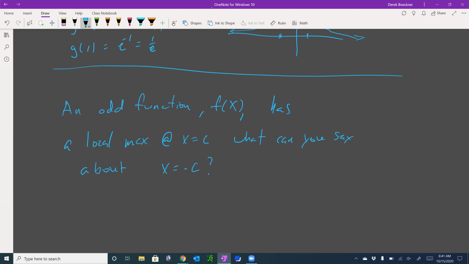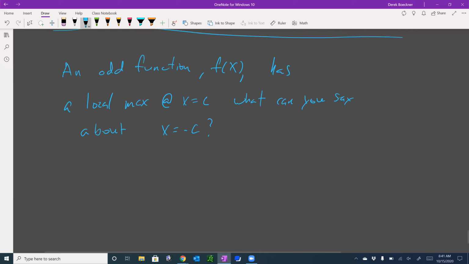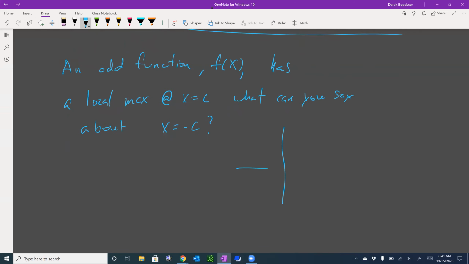What can you say about x equals -c? Yeah. Local minimum. Odd functions, remember, have origin symmetry. So you rotate it around the origin. So if you have a function that looks kind of like this, and at c you have a local maximum, then if you rotate it around here at -c, you'll have a local minimum. Propeller shaped, basically.